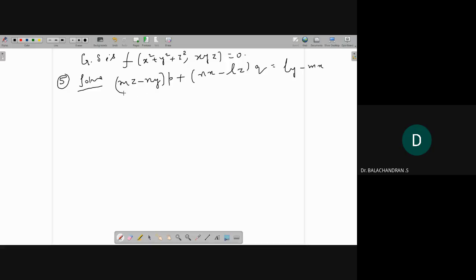So here we have explicitly capital P and small p, capital Q into small q. This is R.